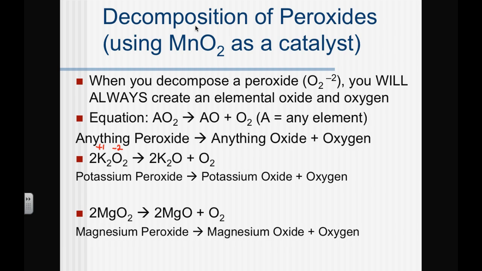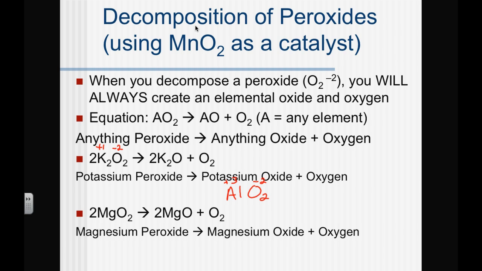Just to show you a good, hard, kind of crazy looking one, what if it was aluminum peroxide? So think, what's the charge of aluminum? It's +3. Good, it's +3. Peroxide is -2. So what do they both go into?